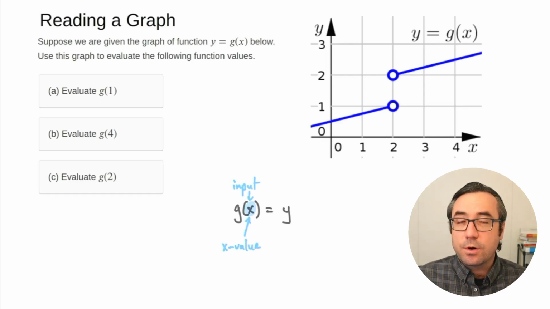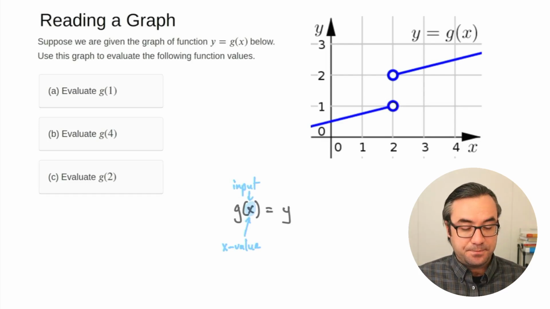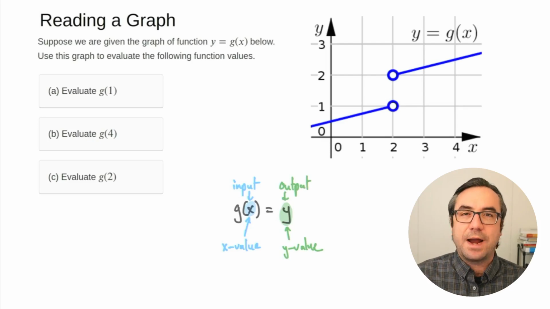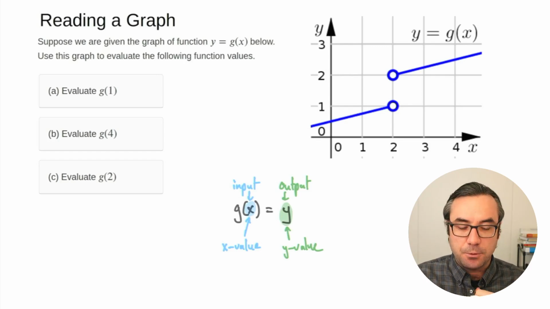And then the y-coordinate for that point, the y value, that's the output. That's what we're getting out of our function. So hopefully this is review. You've probably read graphs of functions before. It's just good to review this, though.